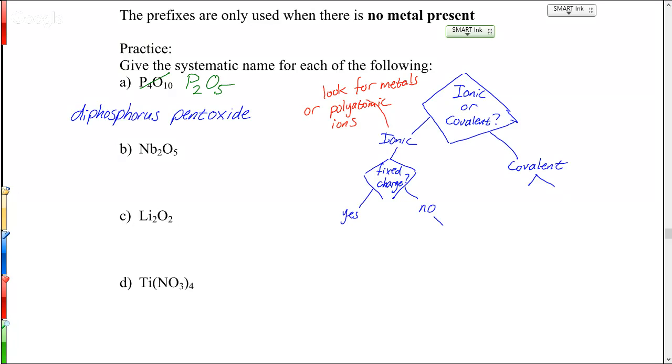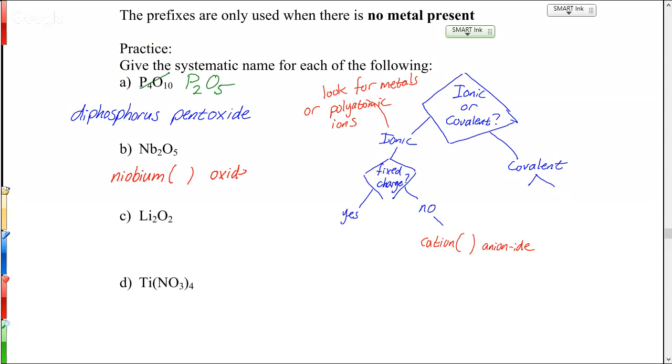It's going to be this kind of form. It's going to have the parentheses, right? And the anion with ide. So how would you name that one? Nb2O5. Nb is niobium.